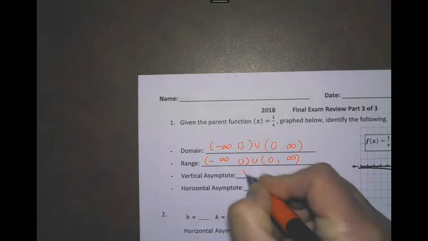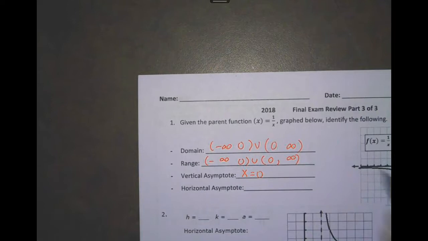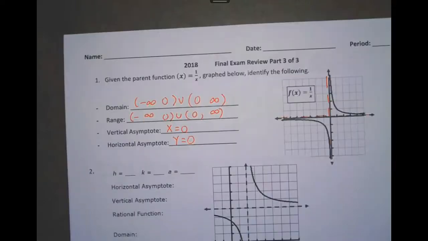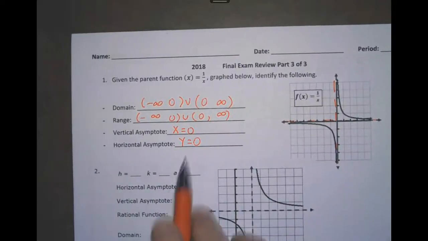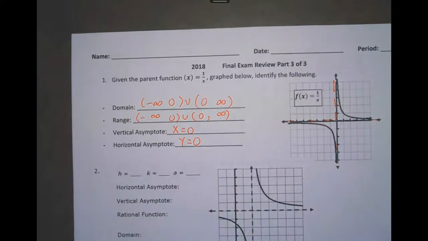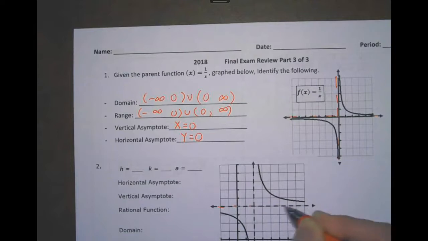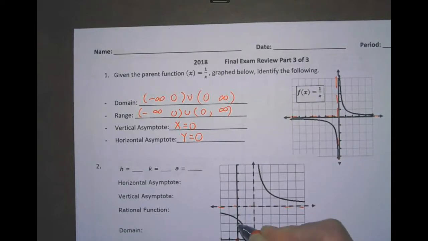It crosses the x-axis at 0. The horizontal asymptote is right there. It crosses the y-axis at 0. The horizontal asymptote is at, here's the origin, 1, 2, 3, 4.